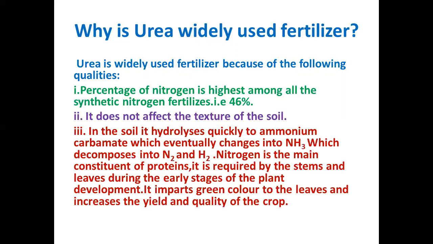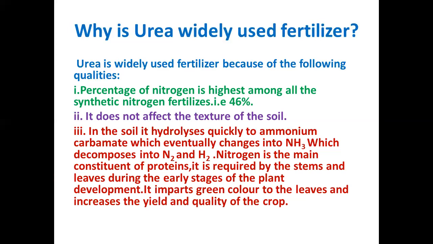Nitrogen is the main constituent of protein, and it is required by the stems and leaves during the early stages of plant development. It imparts green color to the leaves and increases the yield and quality of the crop. So to increase the yield and quality of crop, we use urea as a fertilizer.